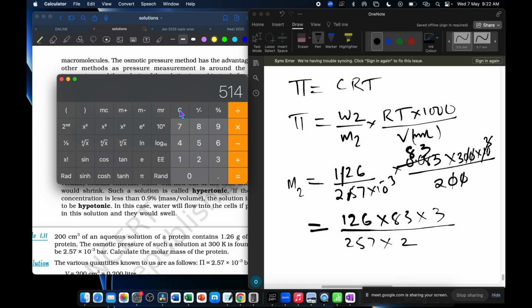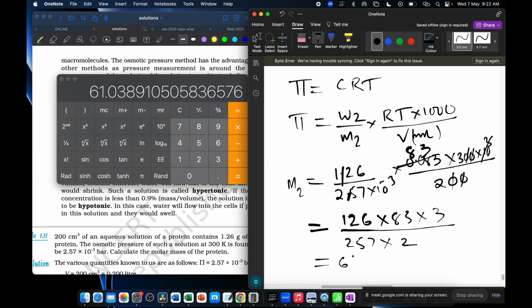The answer comes to 61.038 grams per mole.